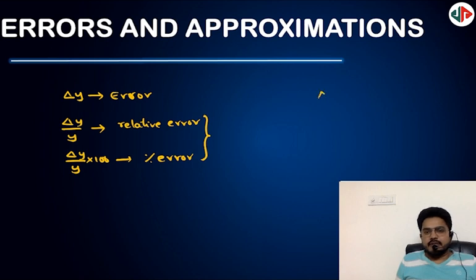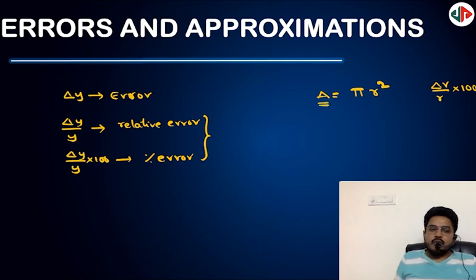For example, area of a circle, pi r square. I want to find the error in measuring the area if the error in measuring the radius is 1%. So I want to write dA by A into 100.